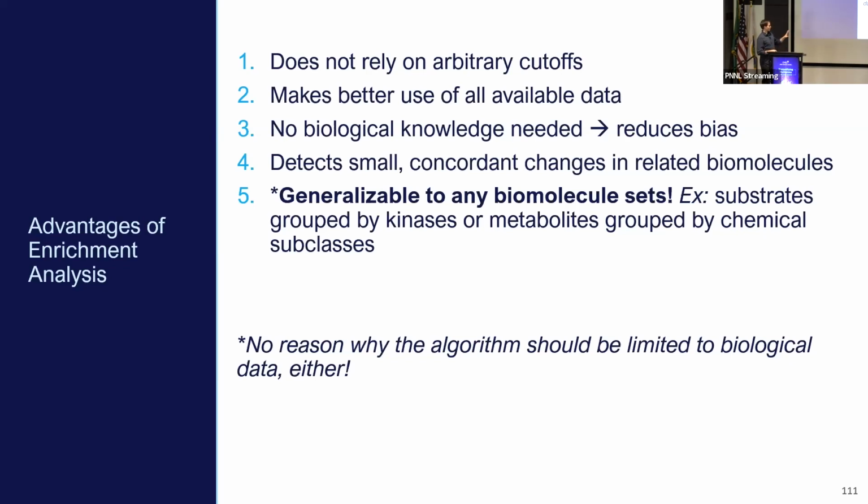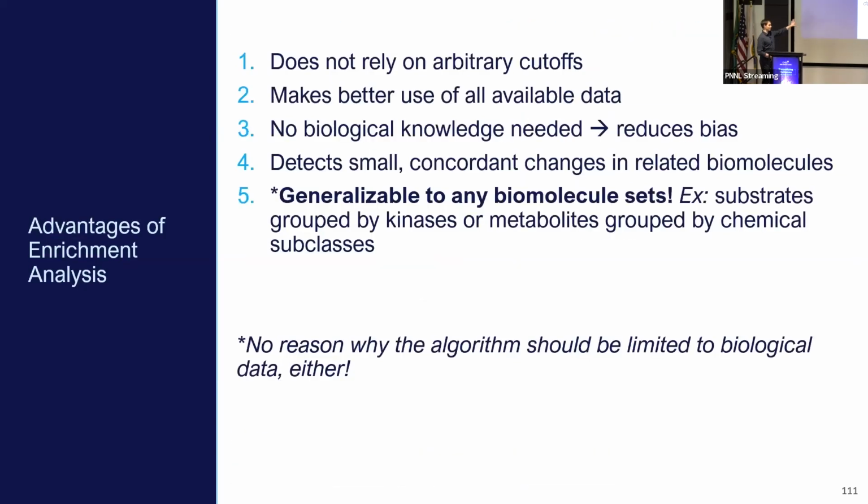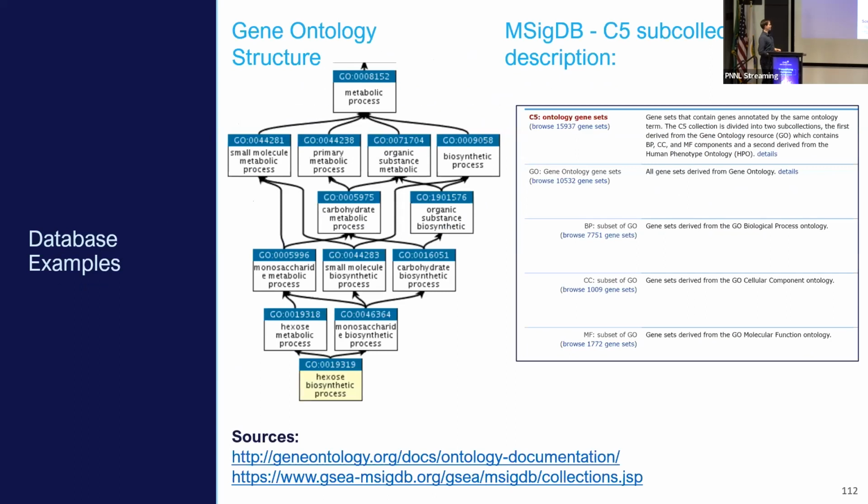Your use of this is really just limited by the sets that you have. So don't think of it as gene set enrichment analysis, think of it more as biomolecular set enrichment analysis. And it may also have uses outside of biology, so that might be something to keep in mind.